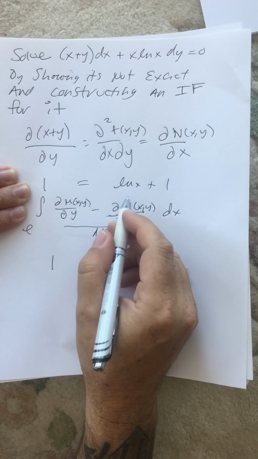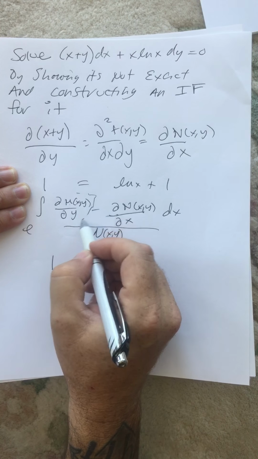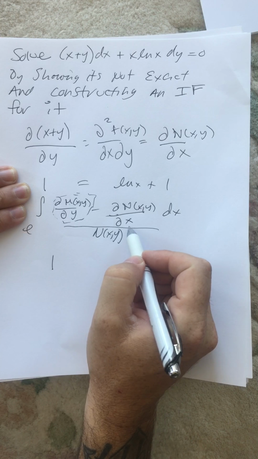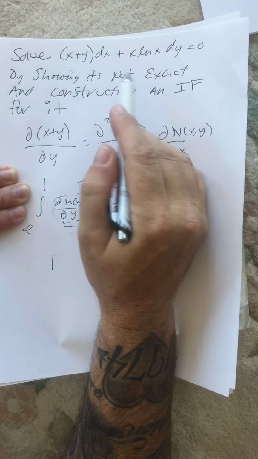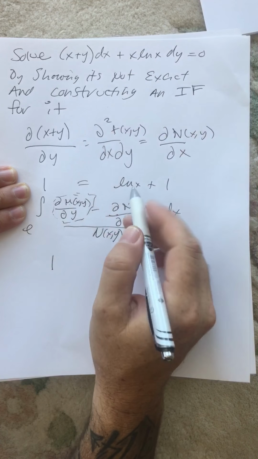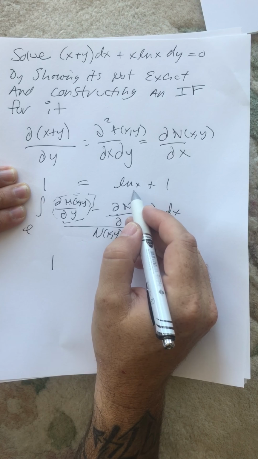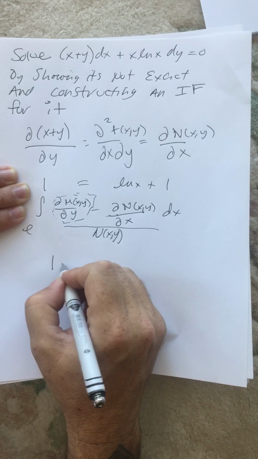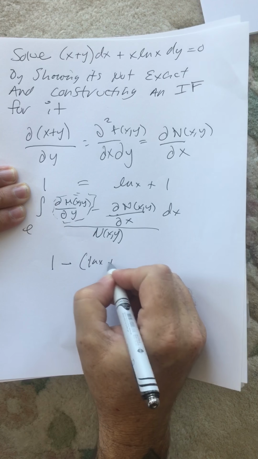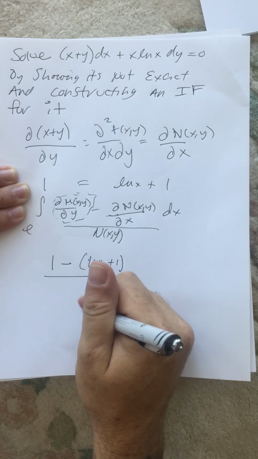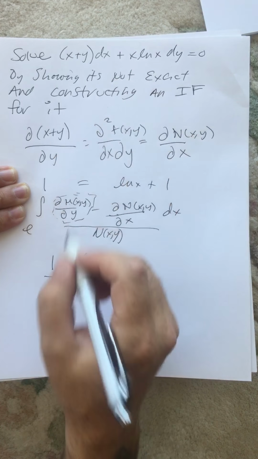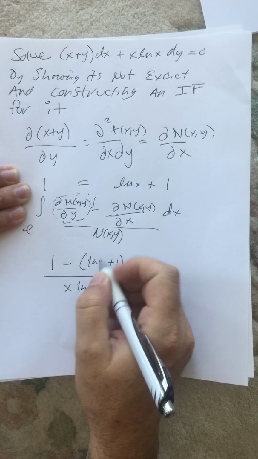Now dN/dx came out to log x plus 1. So you're going to minus (log x plus 1). And then over the bottom, you're going to have the N term, which is here, x log x.